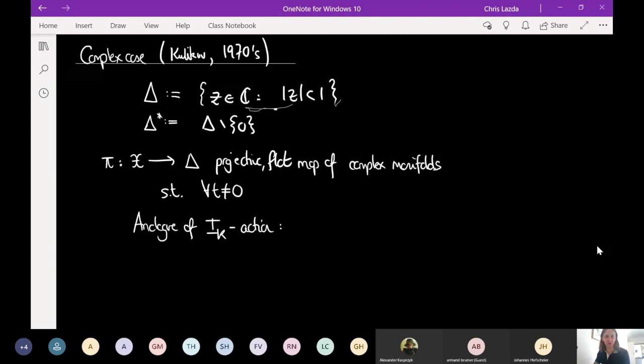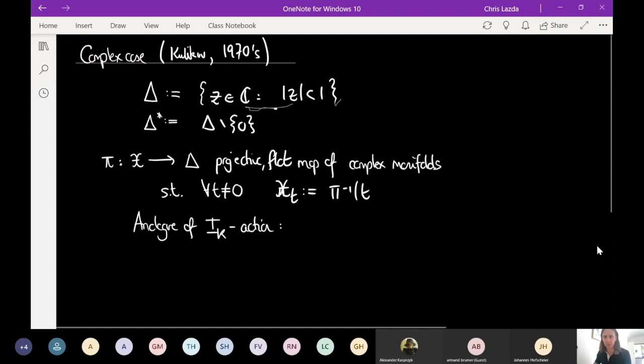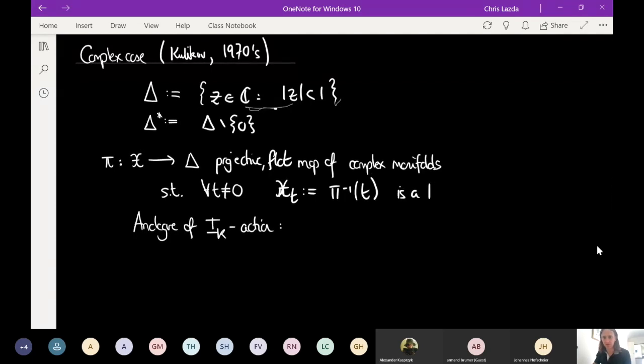So such that at every point t non-zero, the fiber of this map at t is a K3 surface. So in this setup, the analog of the inertia action is the monodromy, right?